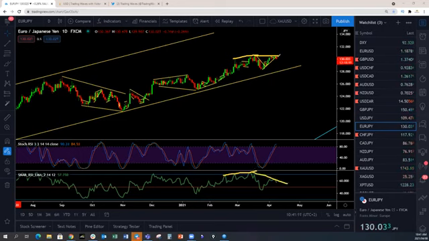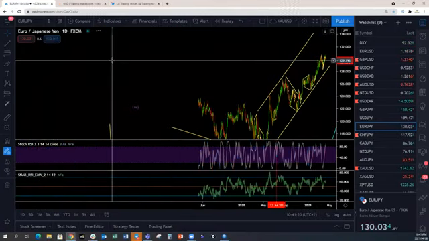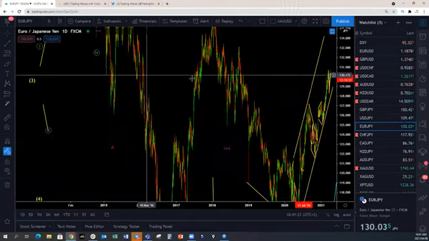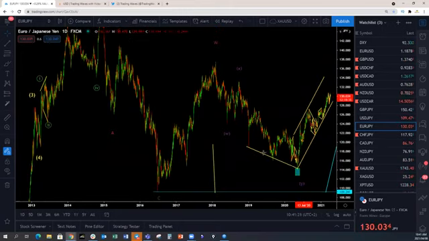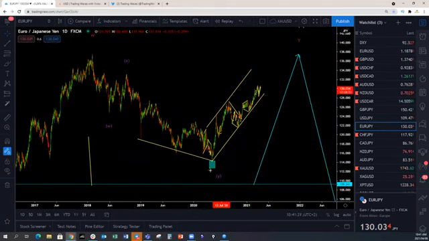So euro should come back to around these levels. If that is the case, we may find that the euro has ended its move to the upside as follows. So look to take a trade here on the euro, because we have 1, 2, and this could be a 3, and that is done here.